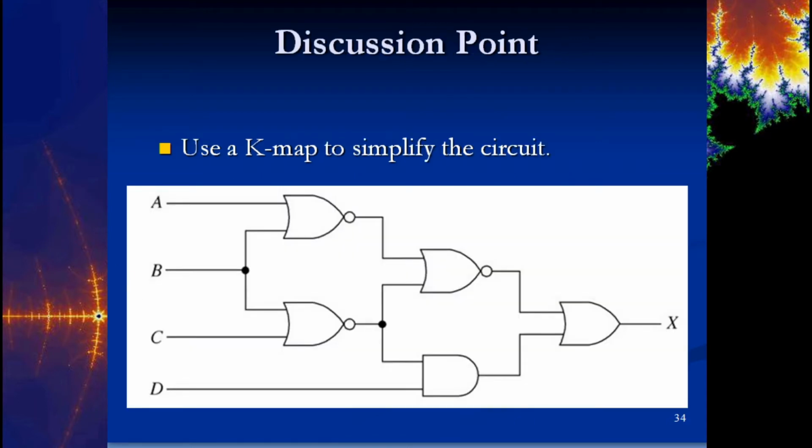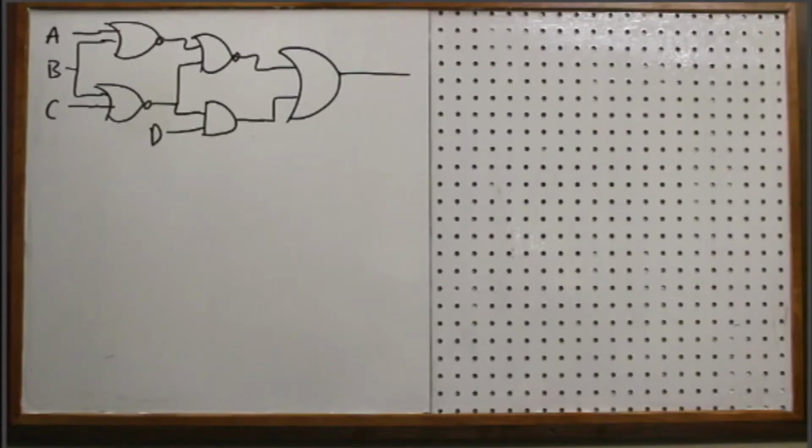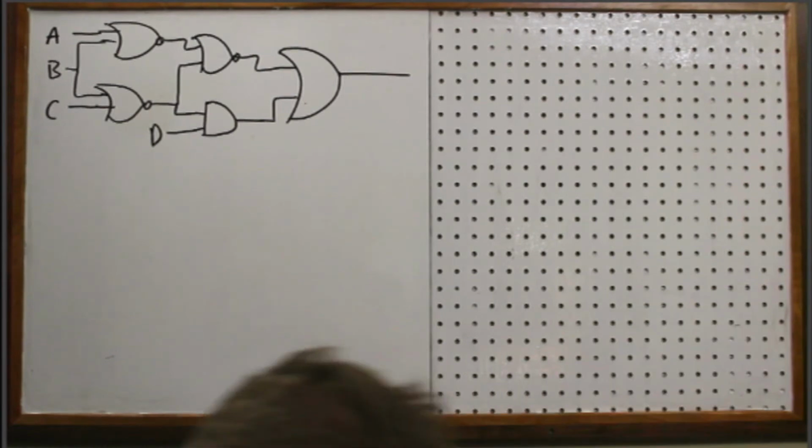So this is what we are going to start with right here. And I'm going to go from the board for the rest of the time. And I have this written on the board already. We're going to look at the output of each one of these gates. We're going to come up with the Boolean equation in the SOP form, and then we're going to draw our K-map. Okay, and this is the example from the PowerPoint.